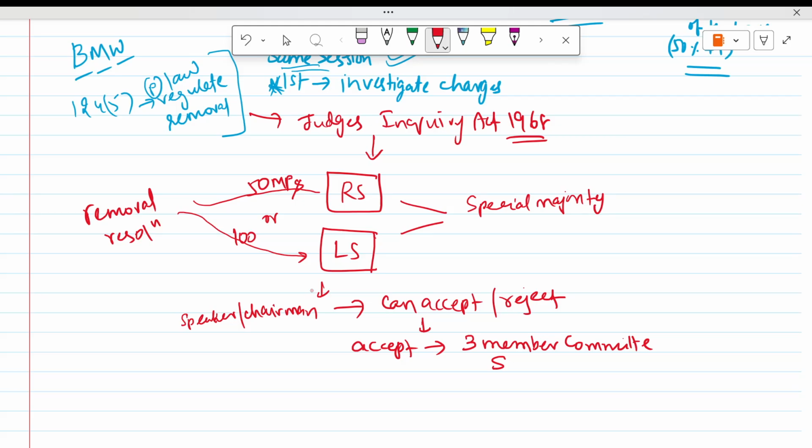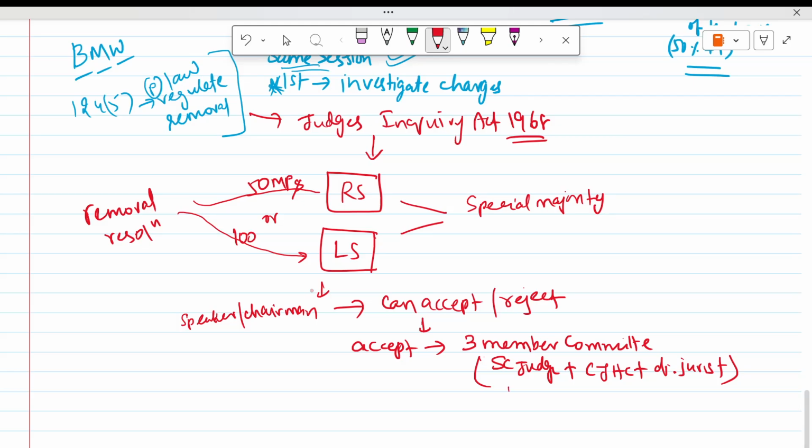This 3-member committee consists of a Supreme Court judge, plus a Chief Justice of a High Court, plus a distinguished jurist. The committee is formed by the speaker or the chairman. If it is introduced in Lok Sabha, the speaker will form the committee. If it is introduced in Rajya Sabha, the Rajya Sabha chairman will form it.